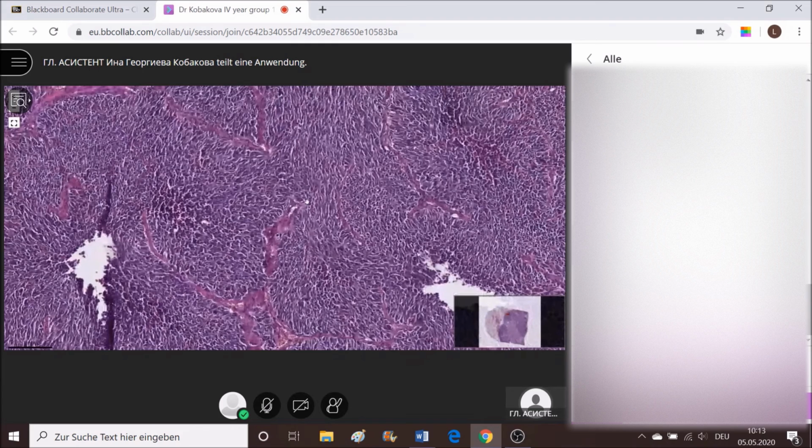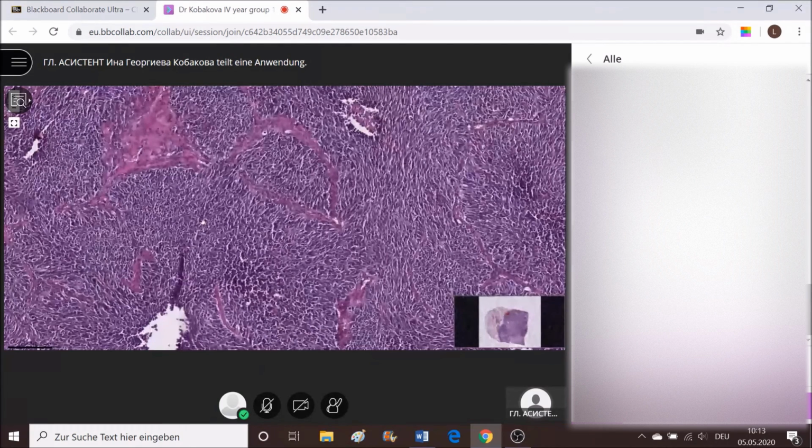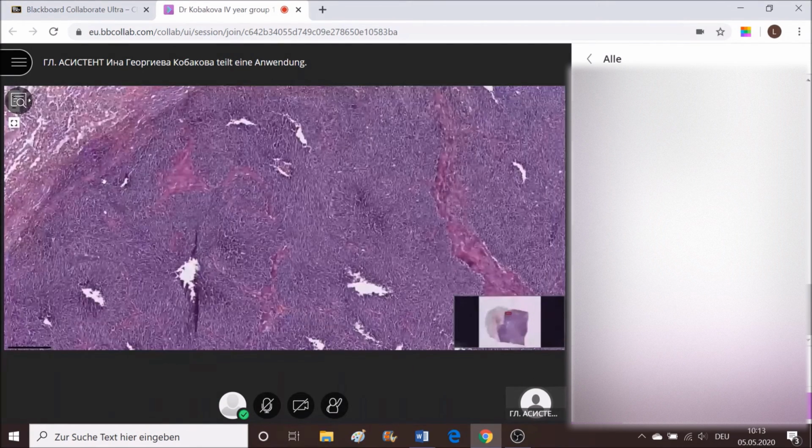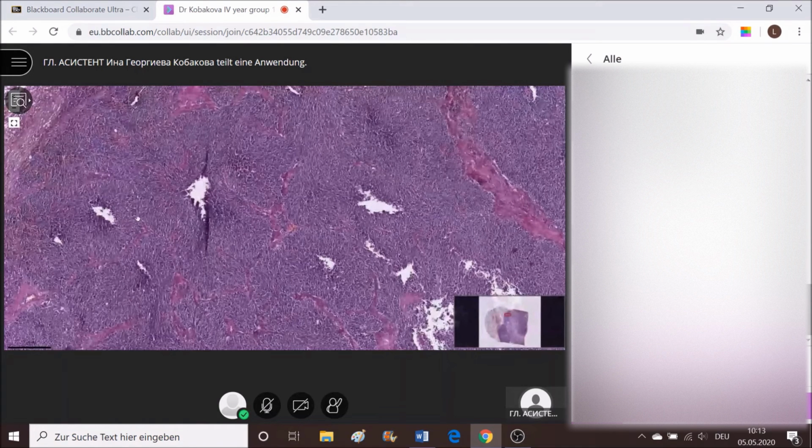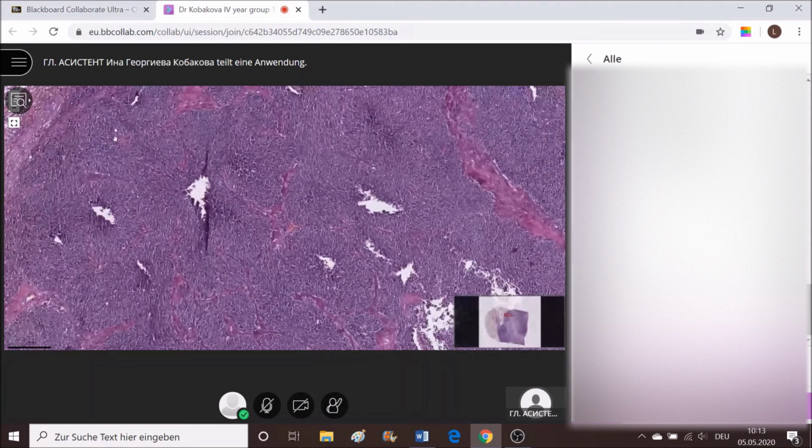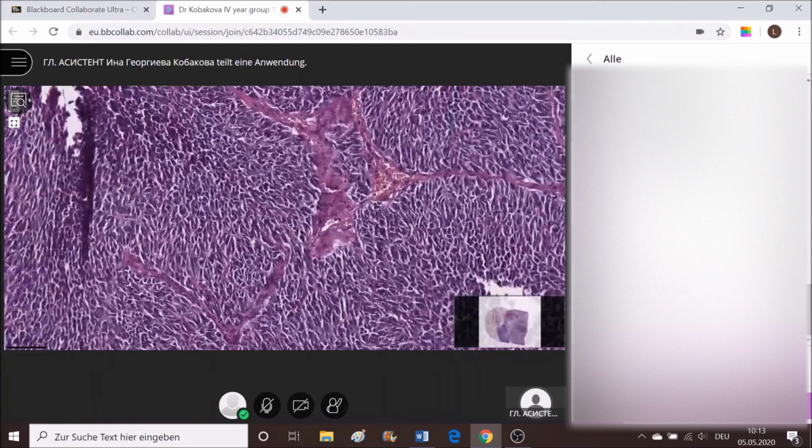And majorly, we should mention that these cells are identical to each other, forming huge nests with not much stroma in between the nests of the tumor cells, and with a very typical characteristic of the nuclei with dispersed chromatin in the salt and pepper manner.